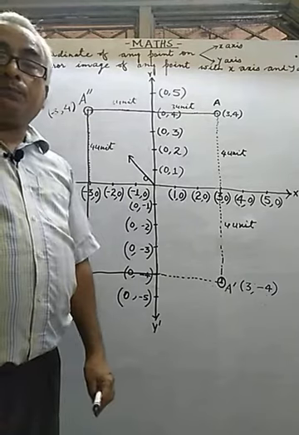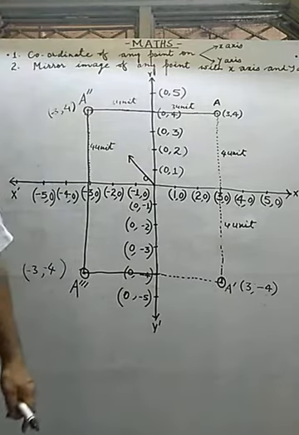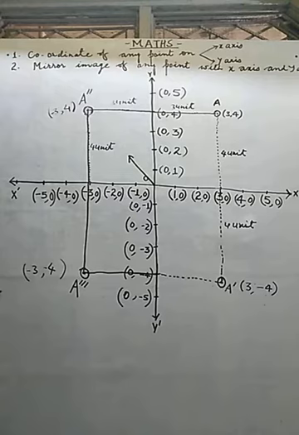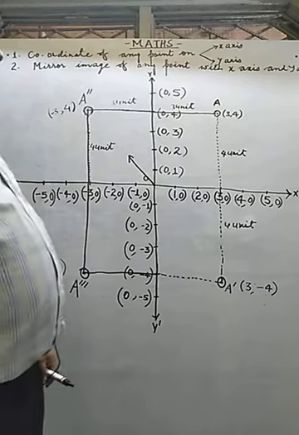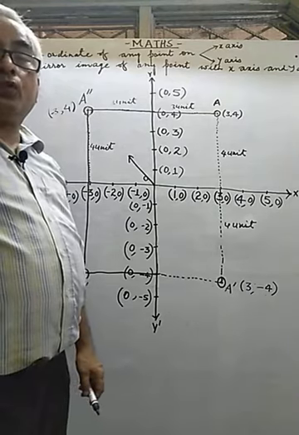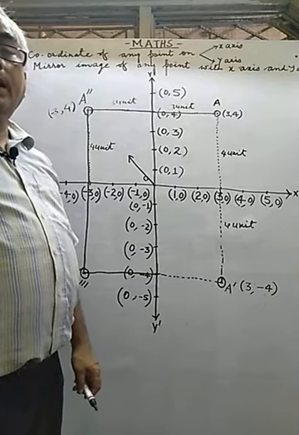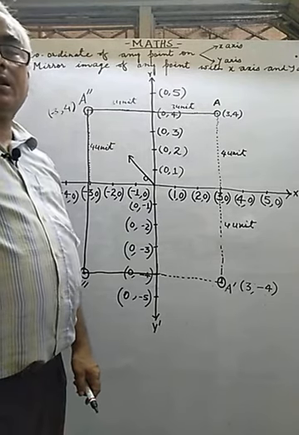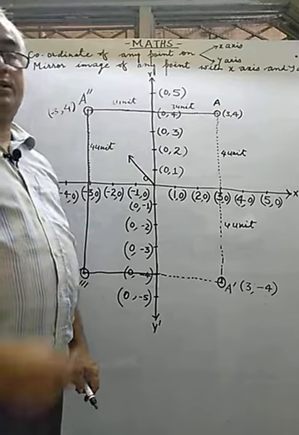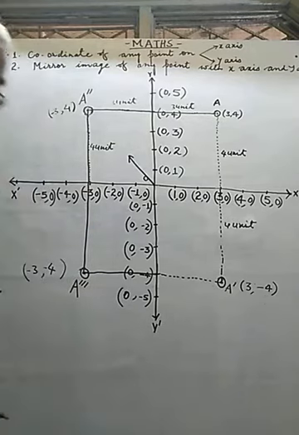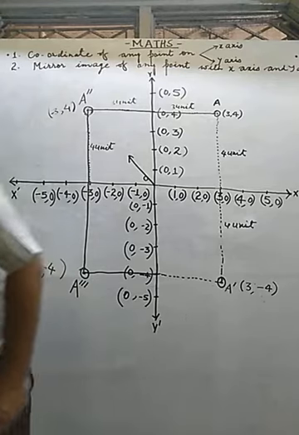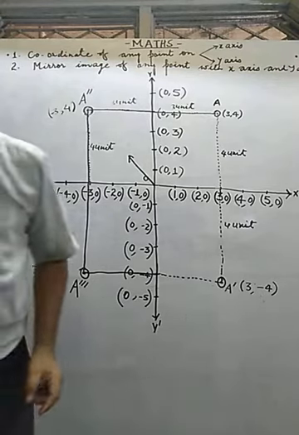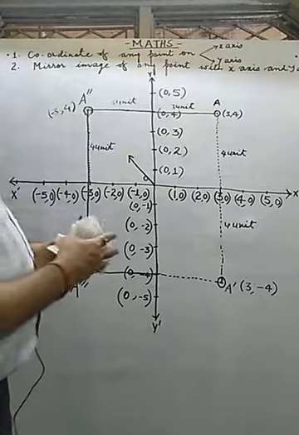Now our third point of discussion is how to find the area when 3 or 4 points are there and a bounded area is created by joining these points. So what will be formed? A kind of closed figure if 3 points are taken.